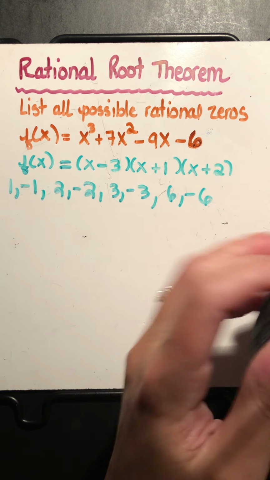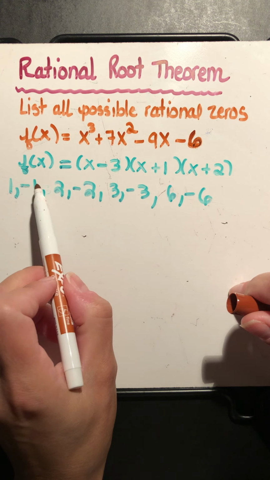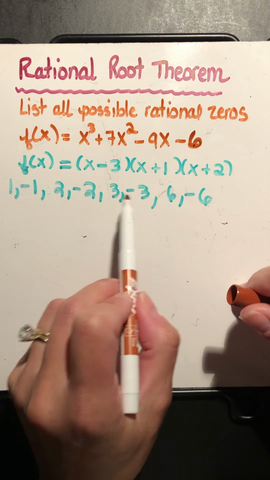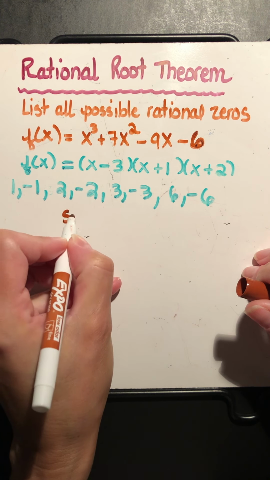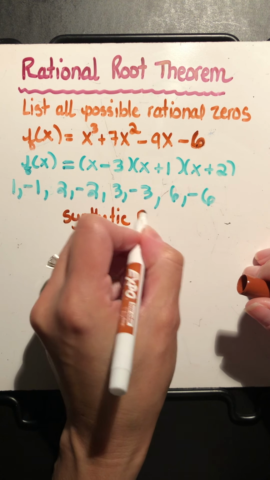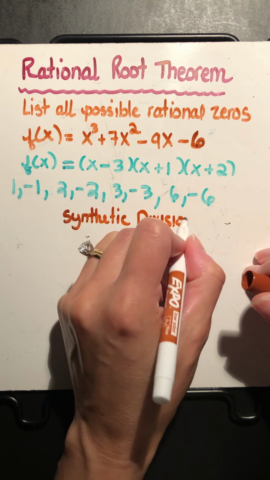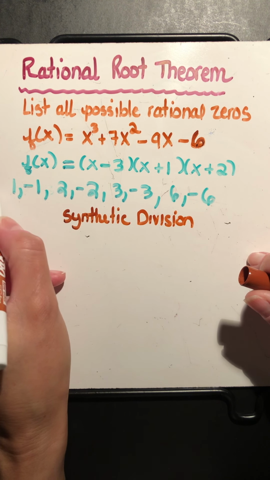So you might be thinking, well, how do I know if one of these possible rational zeros is an actual rational zero? And this is where we want to use synthetic division. Okay, so hopefully you remember this, but this is just going to be a quick review. So let's just start with the number 1.